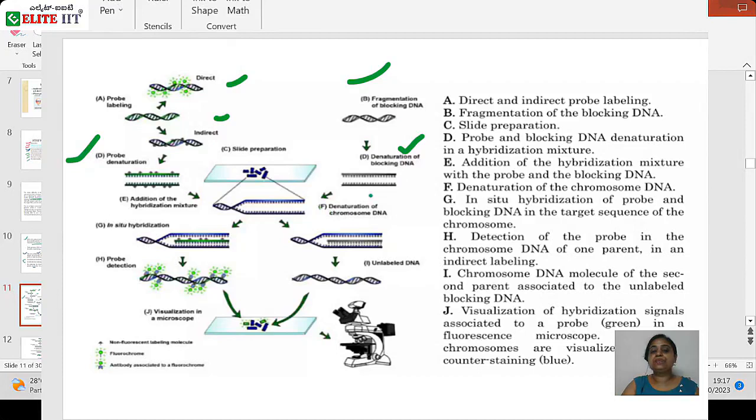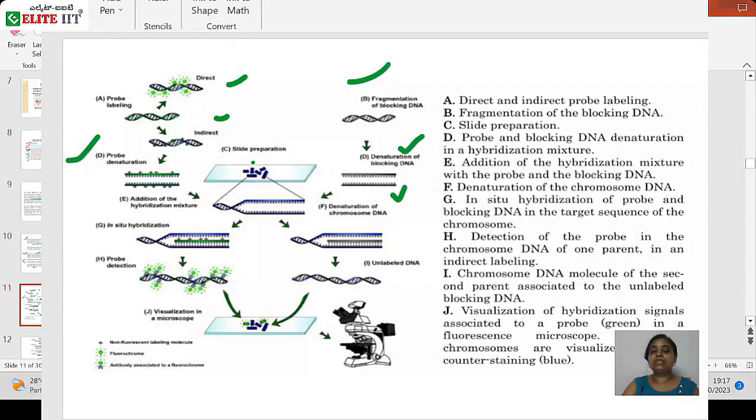Now you have to add these two things, the probe as well as the blocking DNA. Where do you have to add them? Already you have prepared the slide. On the slide you have added your sample of interest.